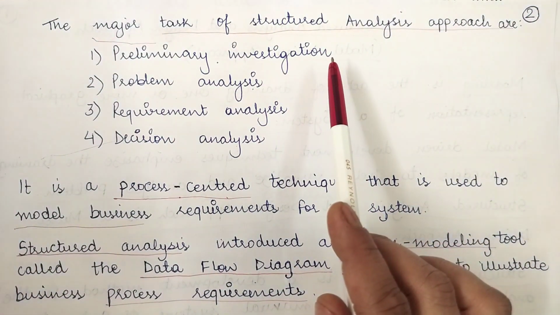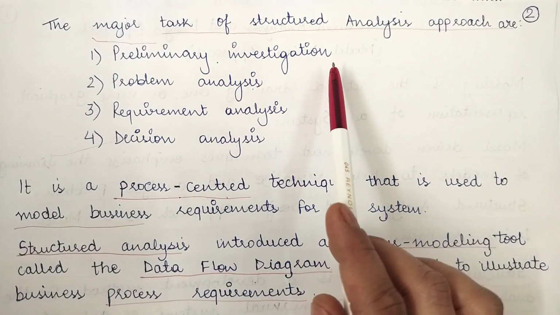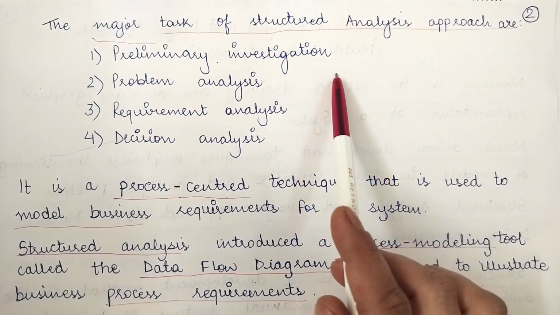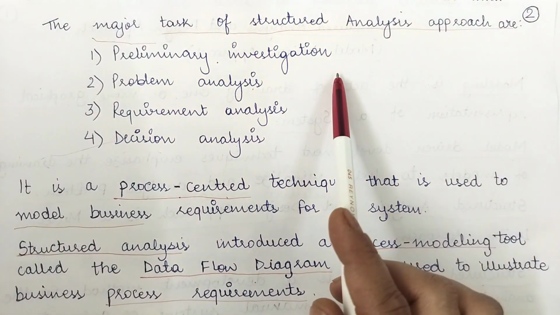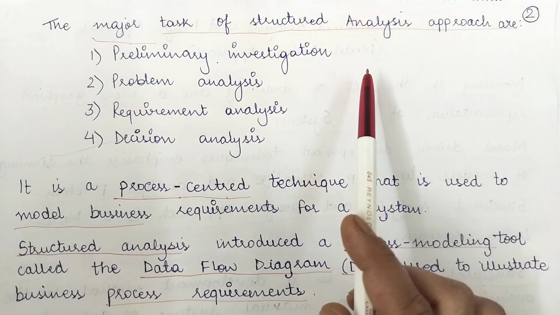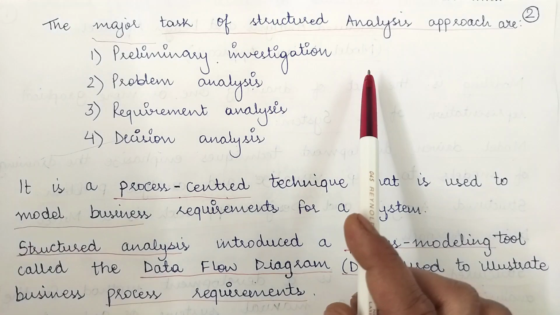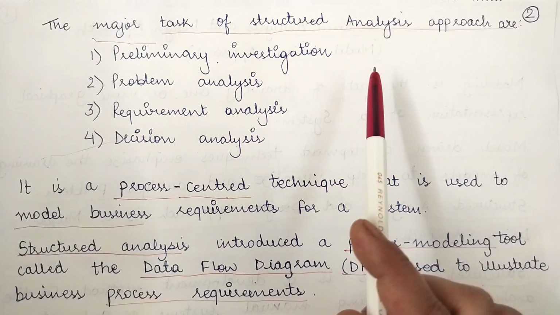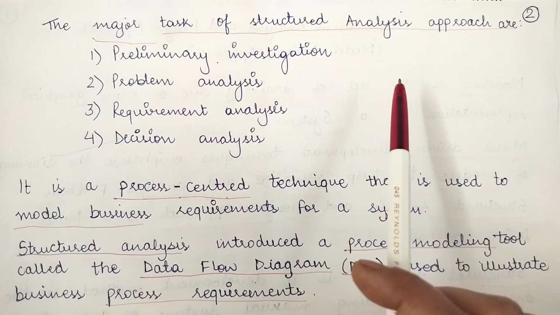Preliminary investigation refers to the collection of information that guides the management of an organization to evaluate the merits and demerits of the project request and make an informed judgment about the feasibility of the proposed system.